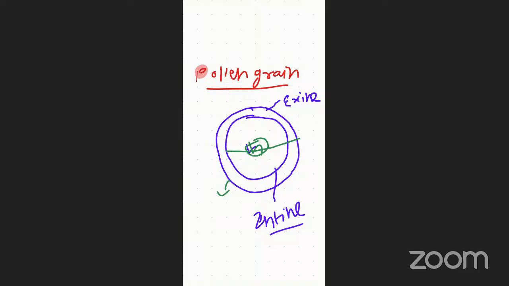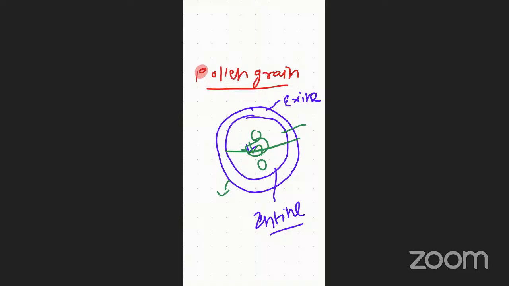Two nuclei are formed. Later these two nuclei develop into two cells, a tube cell and a generative cell. One is the tube cell, this one, and the generative cell. Actually, this two-cell structure is not a pollen grain, not a microspore. This two-cell structure is called the male gametophyte.